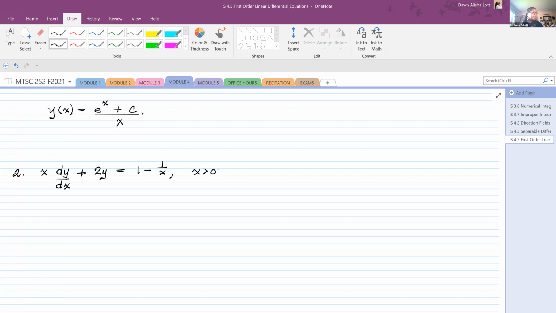Okay, first thing I check, is it in standard form? Is the problem in standard form? No. So what does standard form look like?